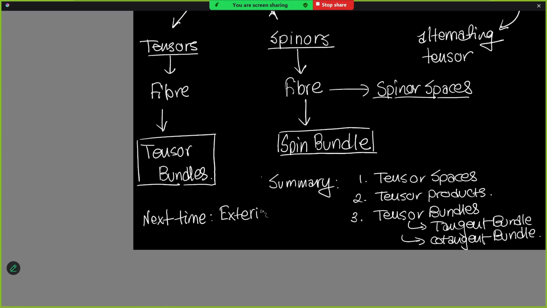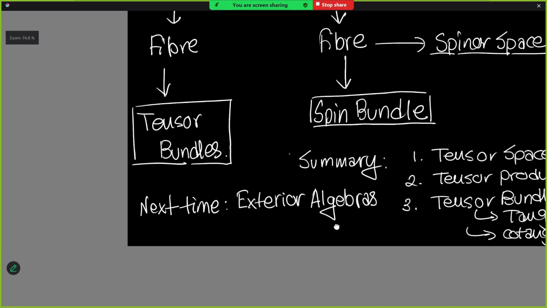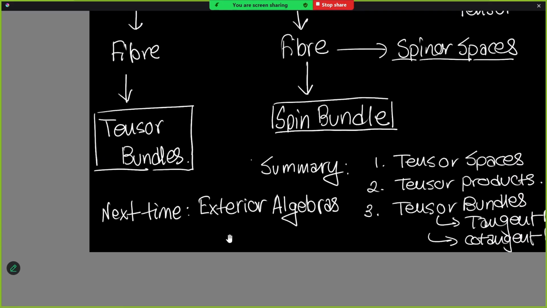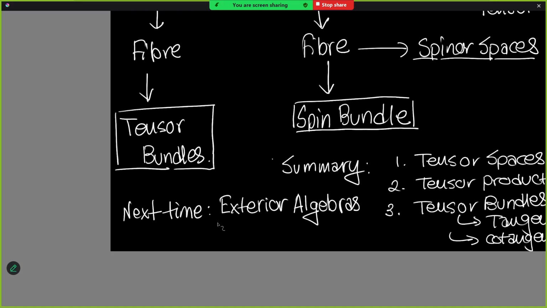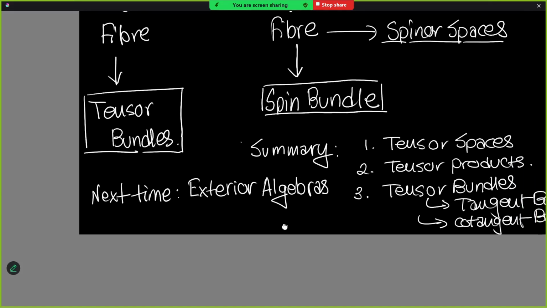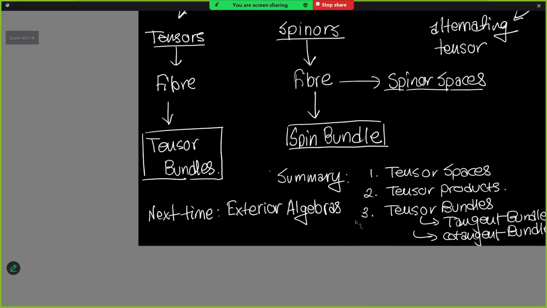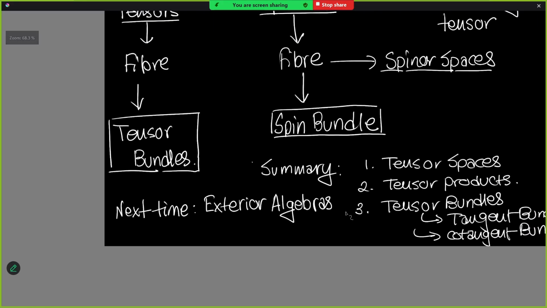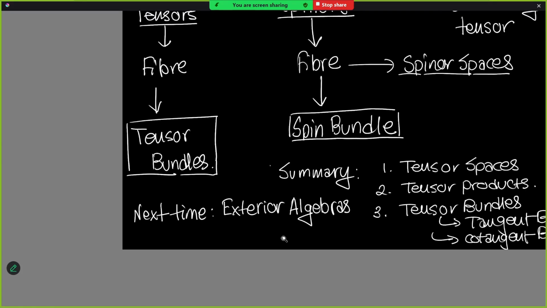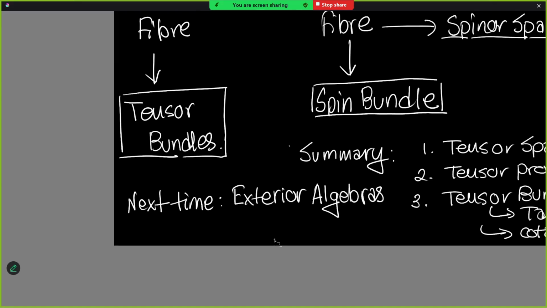exterior algebras. In fact, if we talked about tensor algebras today, we could have talked about exterior algebras today too. They're kind of part of tensors, but given that I haven't prepared the notes yet, I'm going to elect to have them as part of the discussion of cohomology, but they go pretty well there as well, because that's where we're going to start talking about forms, and cohomology works on forms.